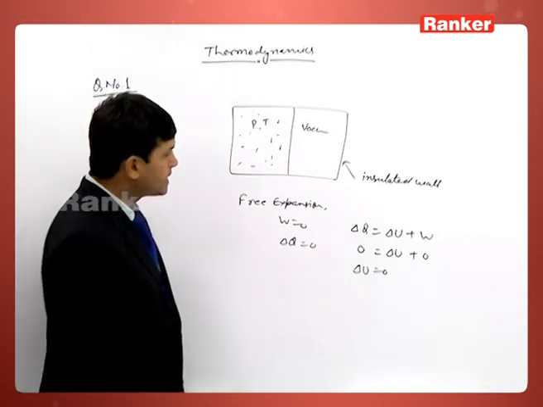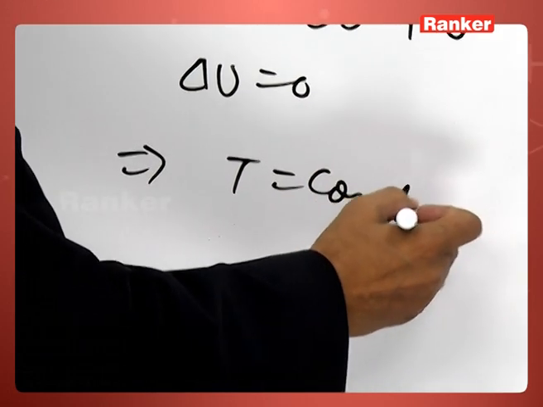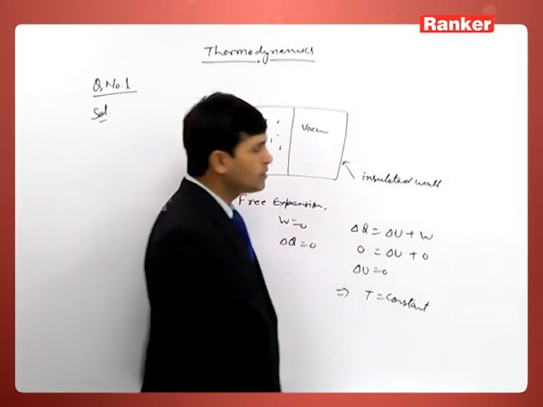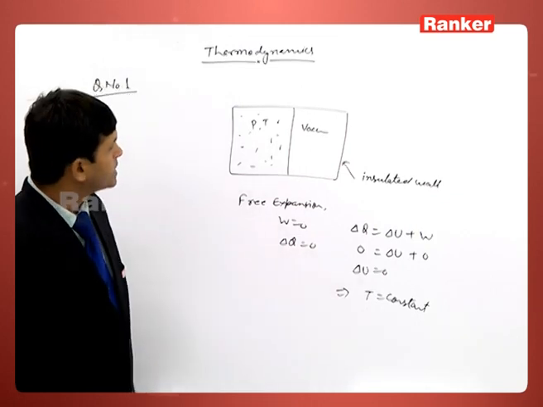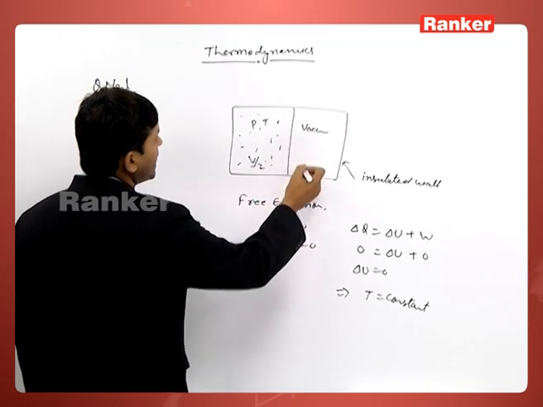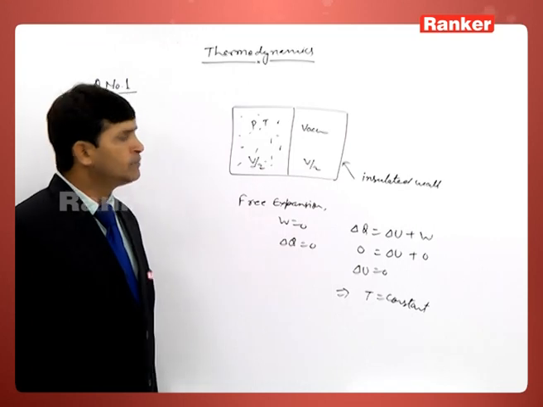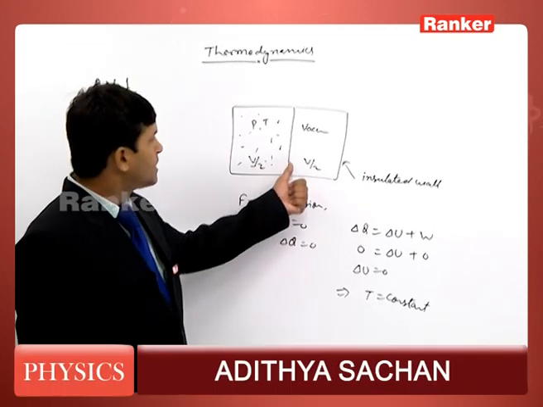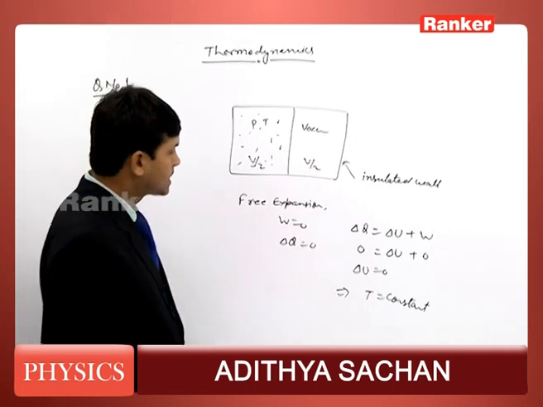No change in internal energy means the temperature of the gas remains constant. But earlier the gas was in V by 2 volume. Now the gas will be in the total volume V. So the volume gets doubled, so the pressure gets halved if the temperature is constant.